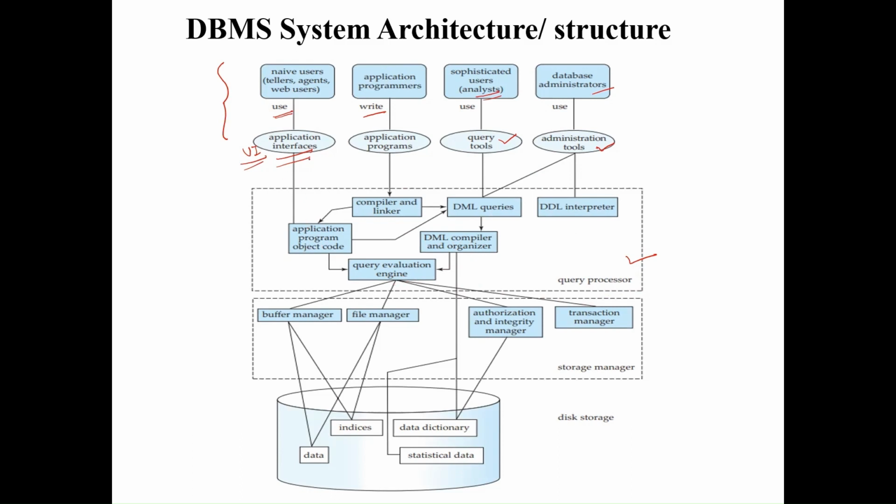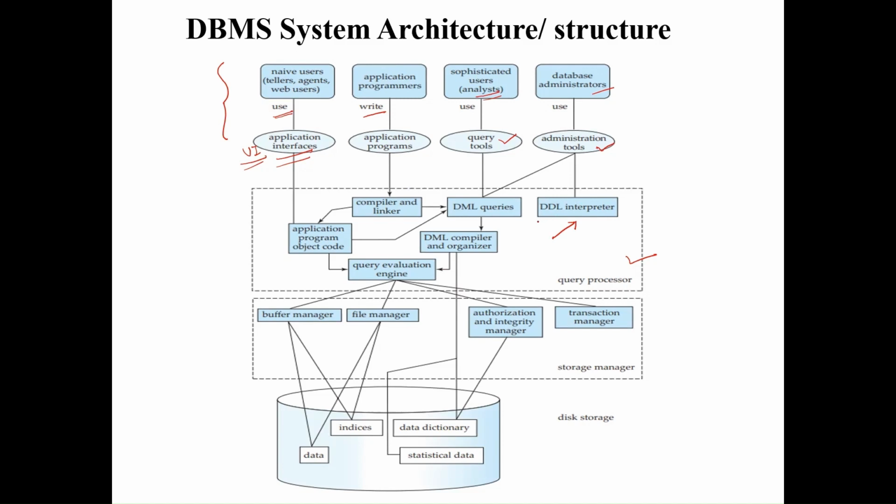So whatever application programs it receives, it converts into object code, compiles it, and links it along with the queries received from the application programs. The DDL interpreter is used to understand and interpret the DDL, data definition language commands.